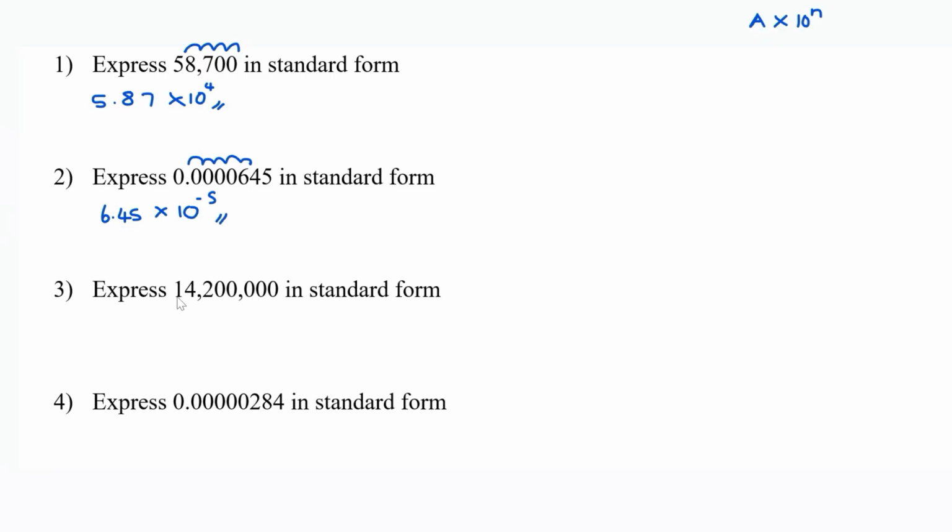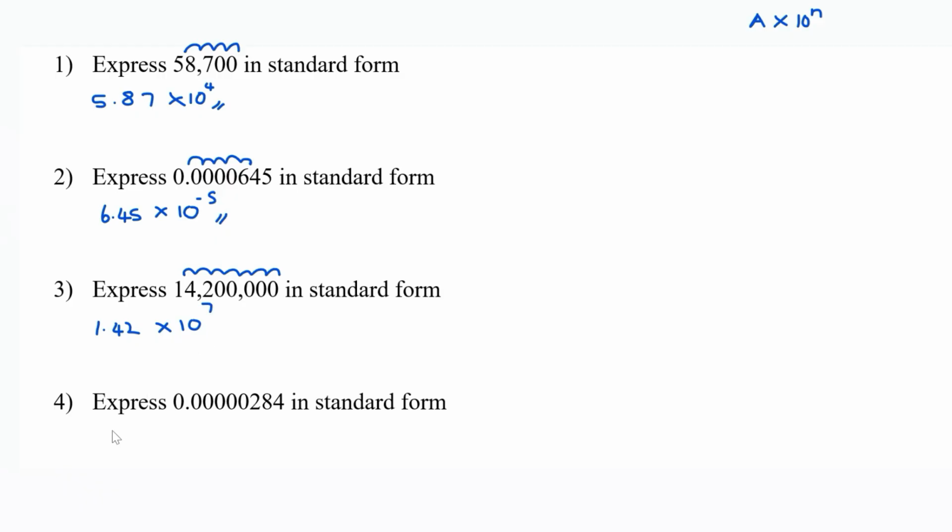For question 3, we've got this large number here. Now our value for a can be 1.42. And we're going to have our decimal point here. So we're going to move it 1, 2, 3, 4, 5, 6, 7 places to the right. So it's going to be positive 7.